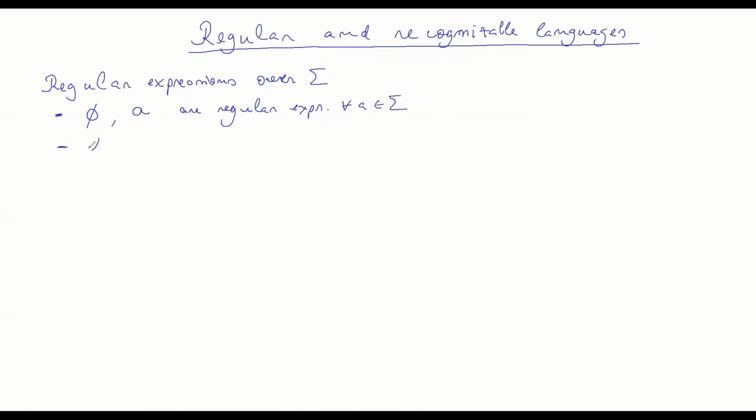And then, if alpha and beta are regular expressions, then also alpha plus beta is a regular expression, alpha times beta, and also alpha star. They are also regular expressions. And this was, as usual in our structural induction definitions, we were saying these are all.